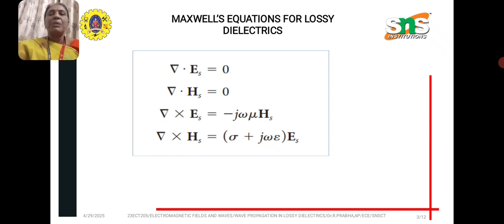According to Maxwell's equations, the equations are given as del dot Es is equal to 0, del dot H is equal to 0, del cross E is equal to minus j omega mu Hs, and del cross H is equal to sigma plus j omega epsilon into Es.